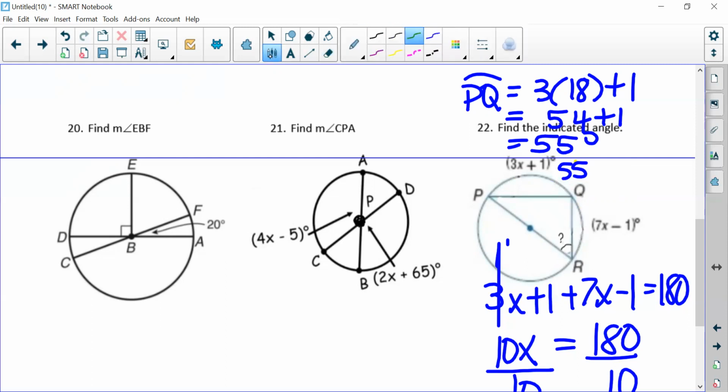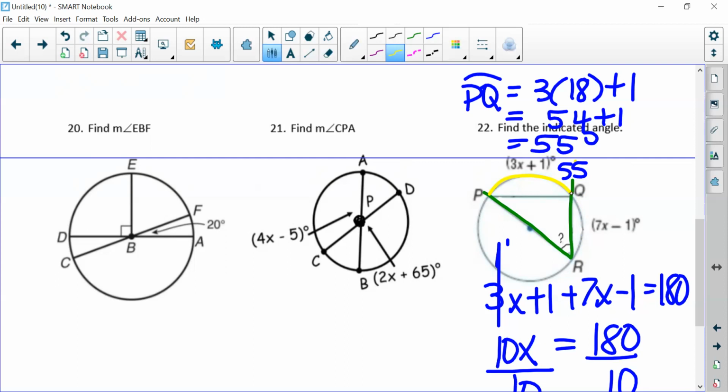So now look, here's angle R, and here is the arc that goes with the PQ. And we know PQ has a measure of 55 degrees. Y'all look, the vertex of angle PRQ is on the circle, so we automatically know that that is an inscribed angle.